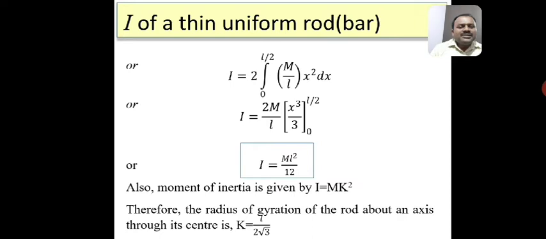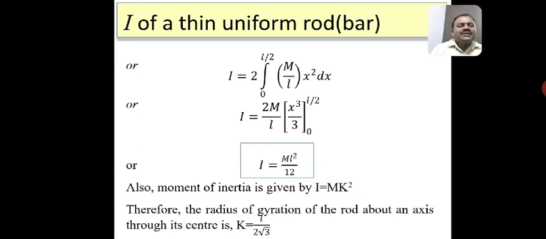By applying the limits and simplifying, you will get the moment of inertia as ML square by 12. This equation gives us the moment of inertia of a rod or bar of length L and mass M about an axis passing through its center and perpendicular to its length.